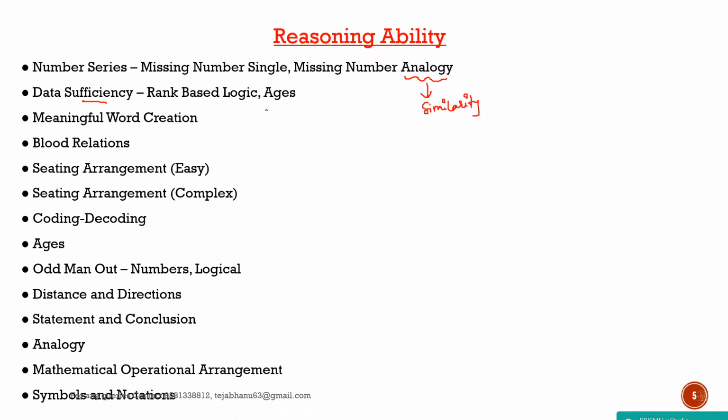Data sufficiency involves all the questions in reasoning. Next, meaningful word creation, blood relation, seating arrangement easy and seating arrangement complex, coding decoding, ages, odd man out, numbers, logic, distance and direction, statement and conclusion, analogy.